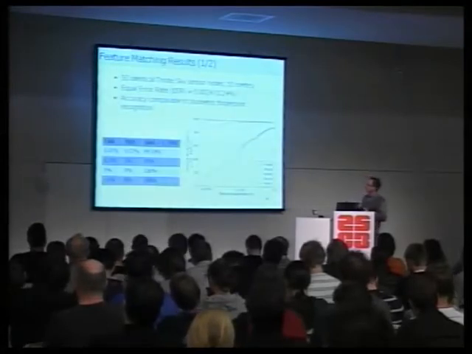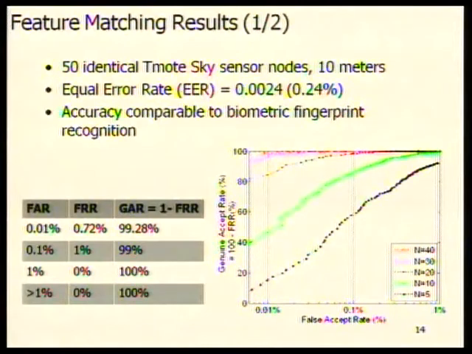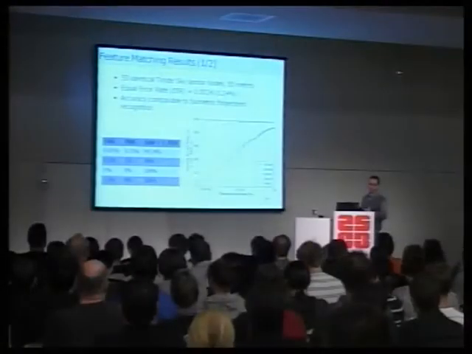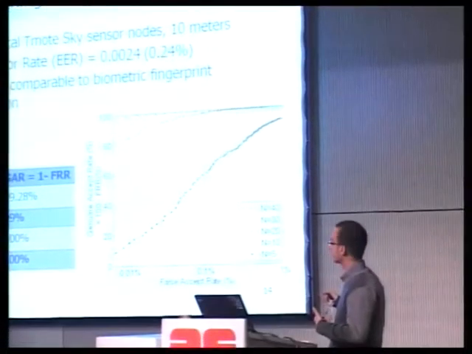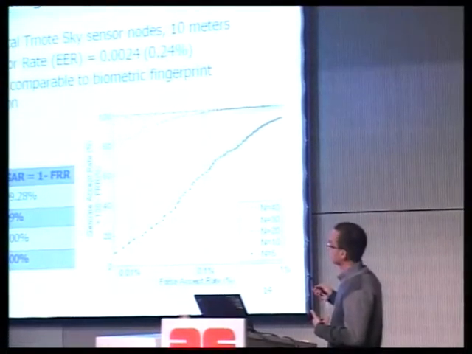And here, actually, we varied the recognition. This graph shows the false accept and the genuine accept rate for different numbers of signals that we use to extract the features. If you use more signals from the device to extract the features, like 40 different packet transmissions, then we had the highest accuracy.